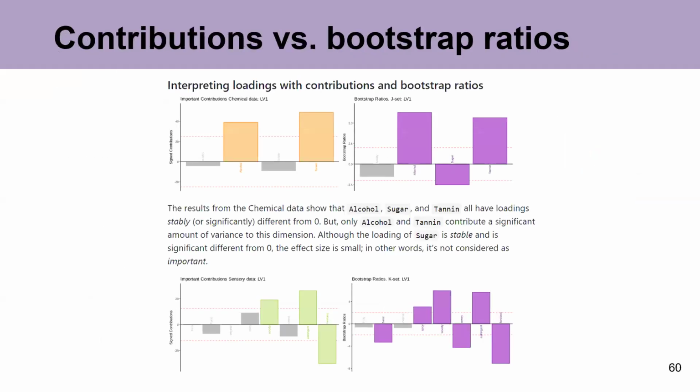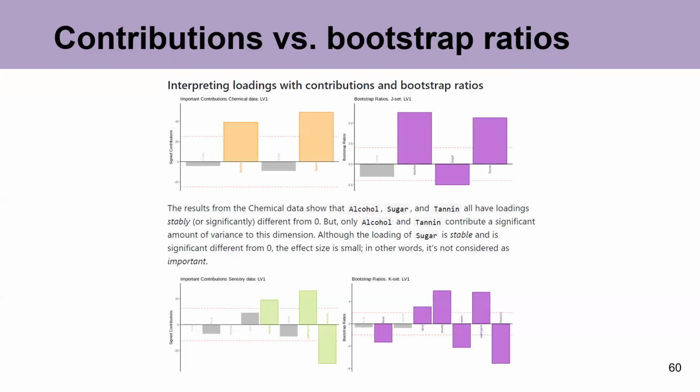If you plot the contribution and bootstrap side by side, here I have 2 sets of data. Contributions are here, bootstrap ratios are here. You can see that they have very similar patterns, right? So that means when they're important, most of the time they're also significant. But you do see some significant variables that did not contribute that much variance to the dimension at the same time.